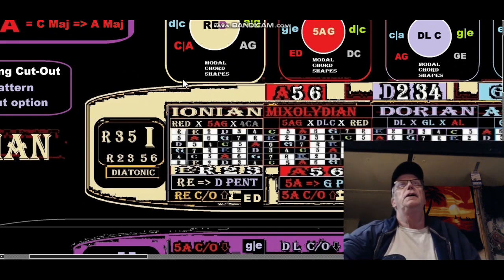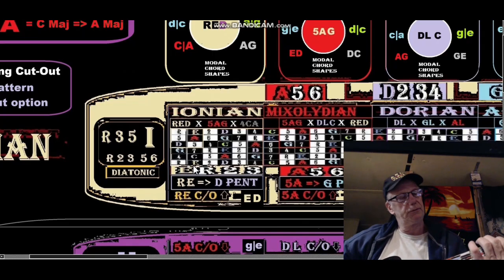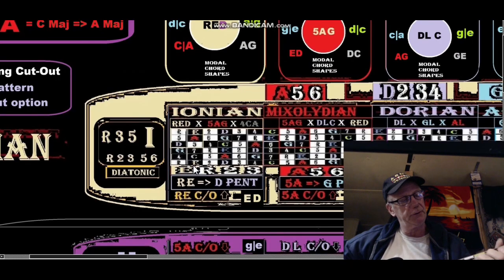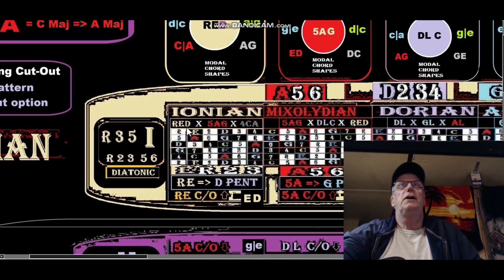So that's the Ionian pentatonic, if you will. These are just nicknames. The diatonic would of course be root 2, 3, 4, 5, 6, 7, root 2, 3, 4, 5, 6, 7, root 2, 3, 4, up to here. That's darkened because we're mostly focusing on long pattern pentatonics today. So that's our Ionian diatonic, but we can play it with a cutout and it'll be shorter.